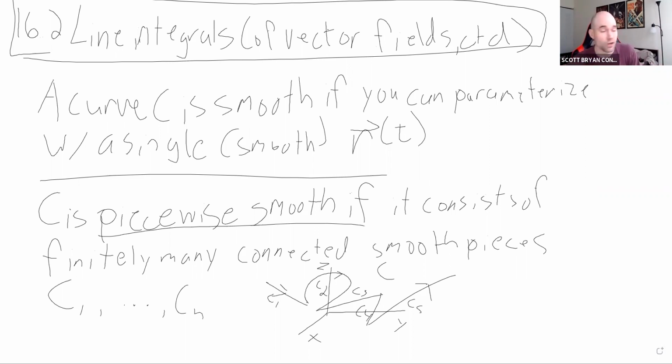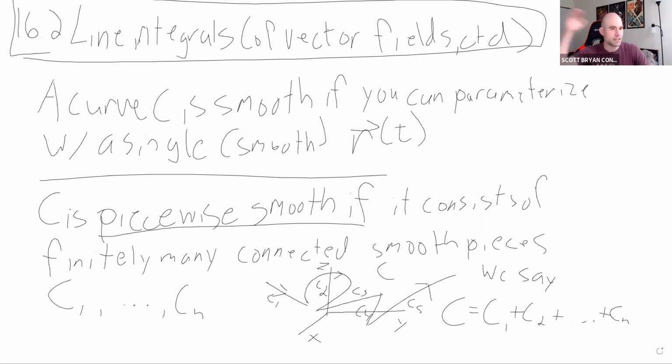So far we've only integrated over smooth curves, but we can also integrate over piecewise smooth curves as well. In this case, C is equal to, I think the book just uses plus, which is reasonable.